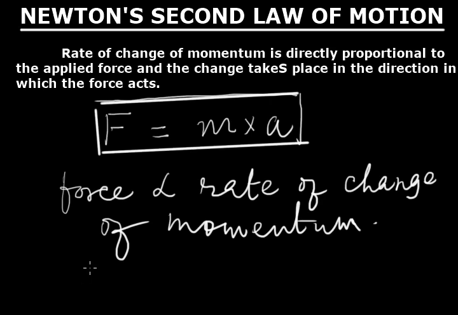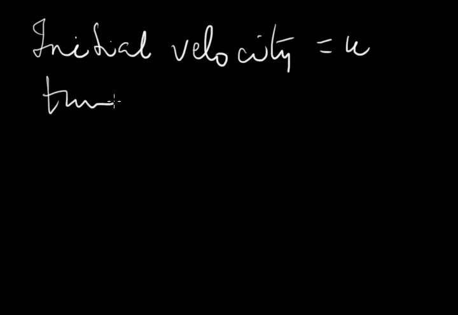Let us consider a body whose initial velocity is u, and after an interval of time t, the final velocity becomes v.